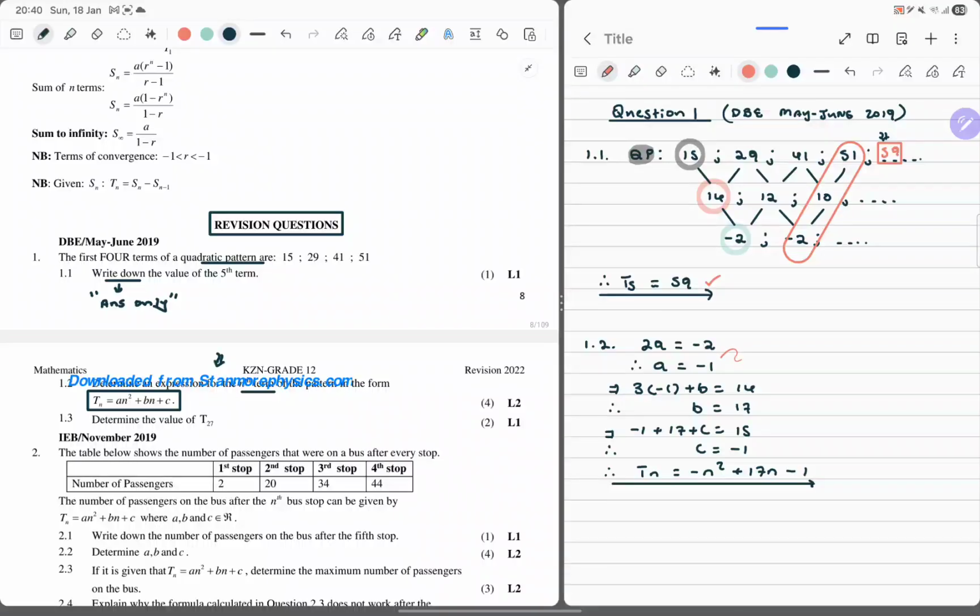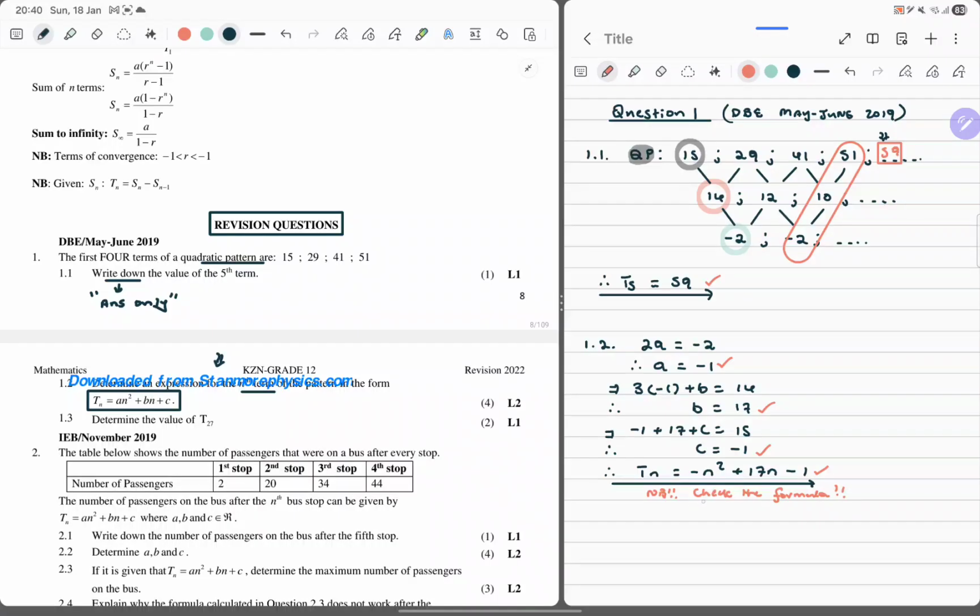Usually we get a mark for this, for that, and for that, and for writing the equation properly. But I would like to highlight for a student, please guys, check the formula of the general term, or should I say check the general term for correctness, please.